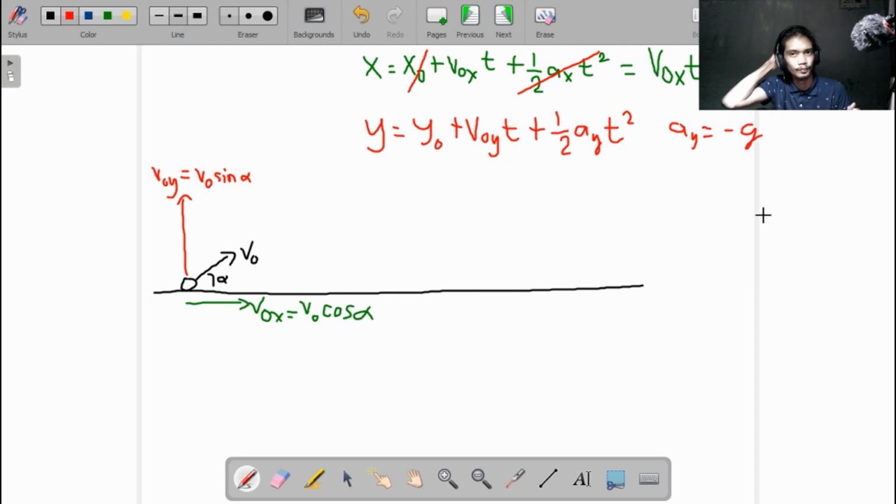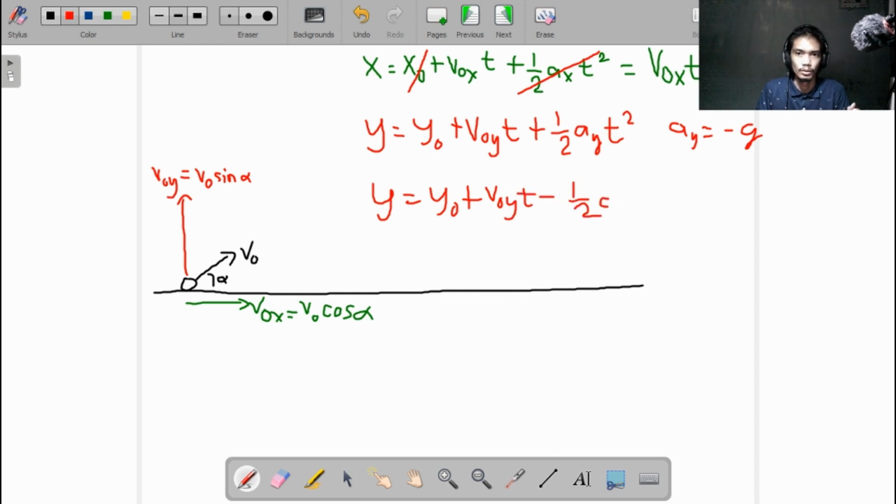Okay, so simplifying further, we have y is equal to y of 0 plus v0y t minus 1/2 g t squared. That's all.